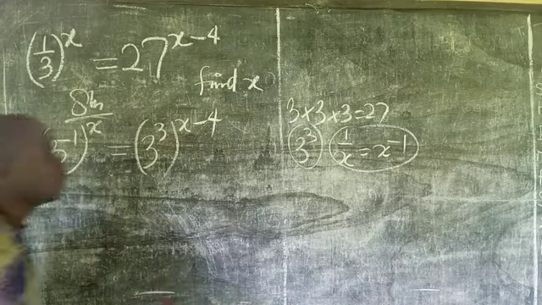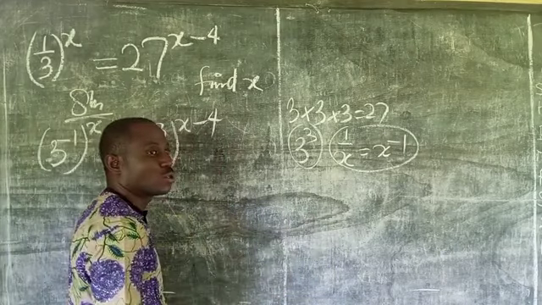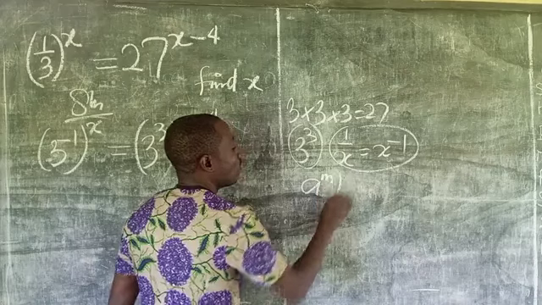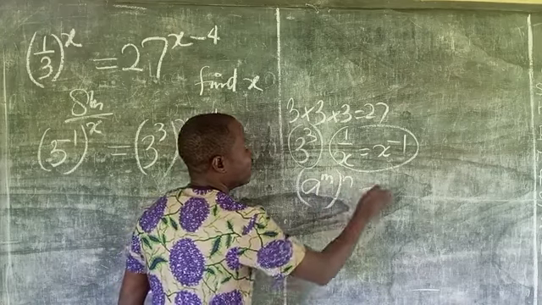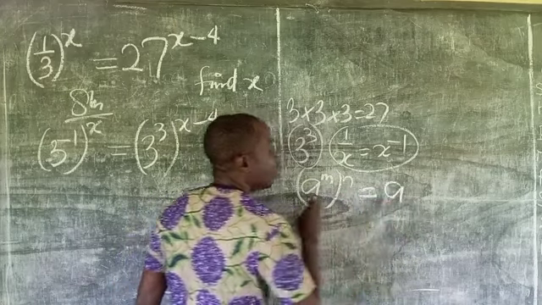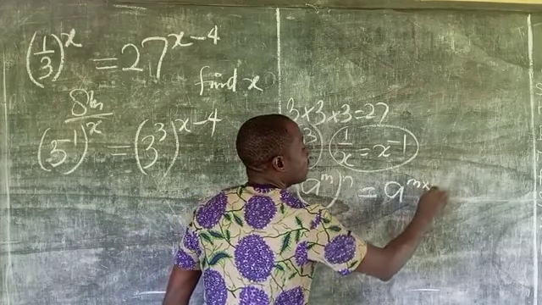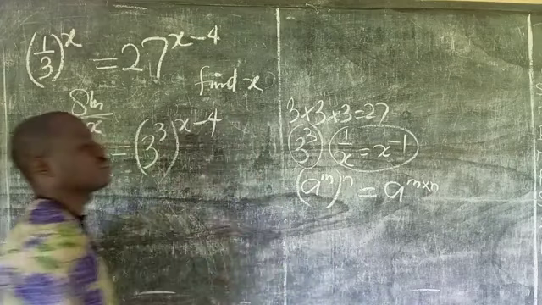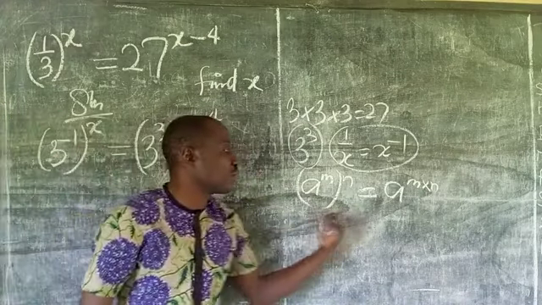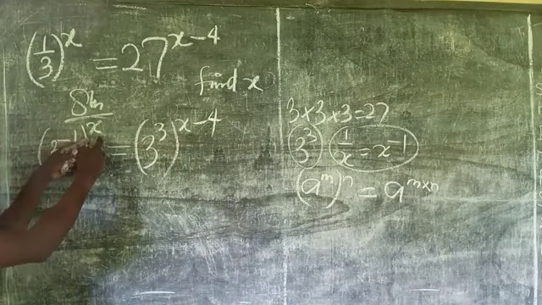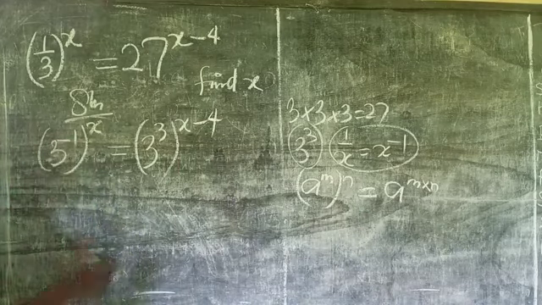Also, from one of the laws of indices, if we have a raised to power m, all raised to power n, it is the same thing as the base a raised to power m times n. For this case, I'm going to use the power minus 1 to work on x, and the same here.